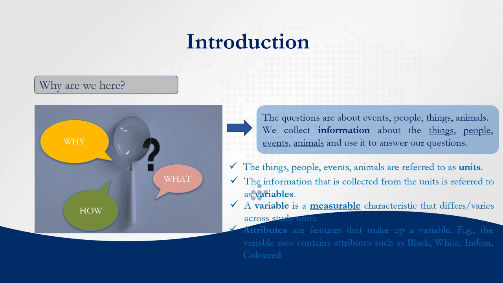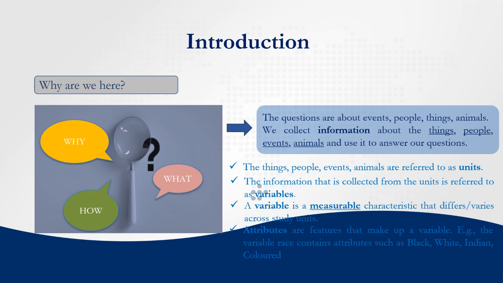And the characteristics are likely to vary from one unit to the other. If you are interested in measuring my hair color or hair color of your units, when you measure one unit, you'll observe a certain color. When you measure the next unit, you might observe a different color. So that's where it will vary from one unit to another.